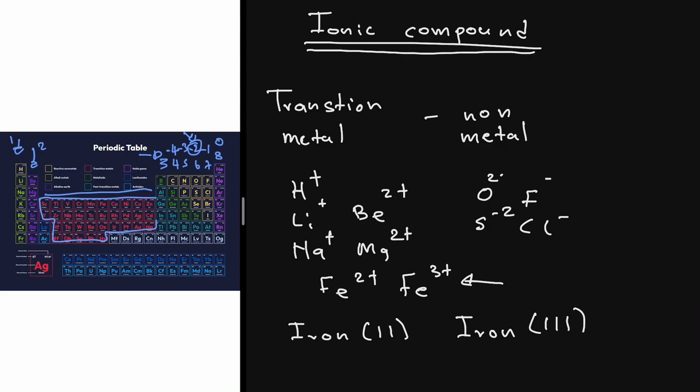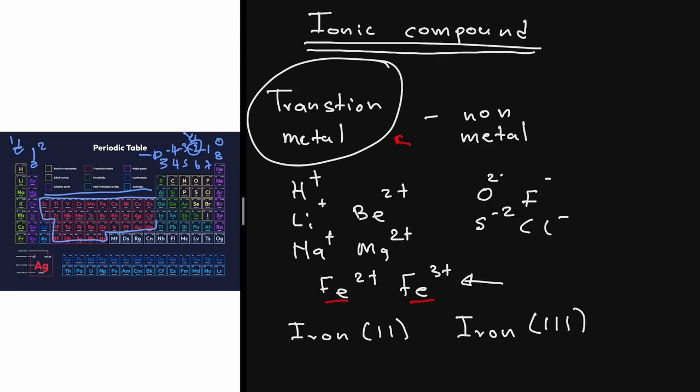So this is the difference between metals reacting with non-metals and transition metals reacting with non-metals. The difference is that transition metals can have different types of ions, even though it is one element.